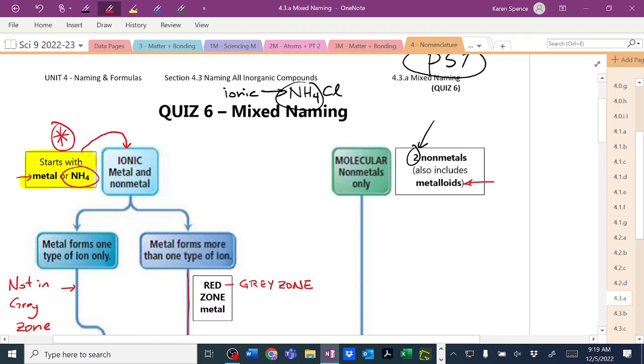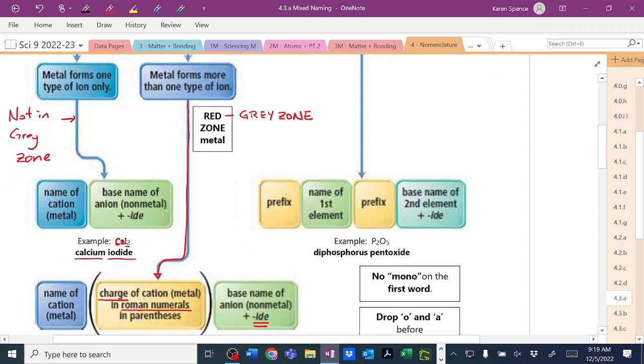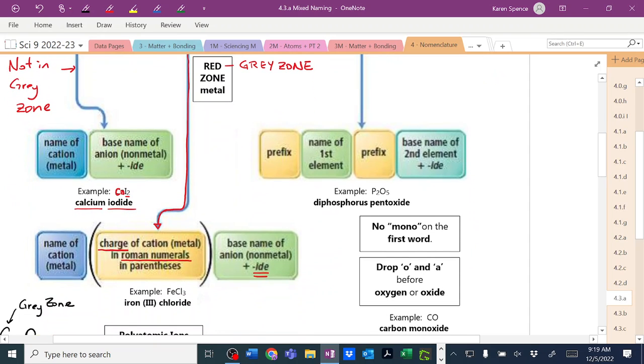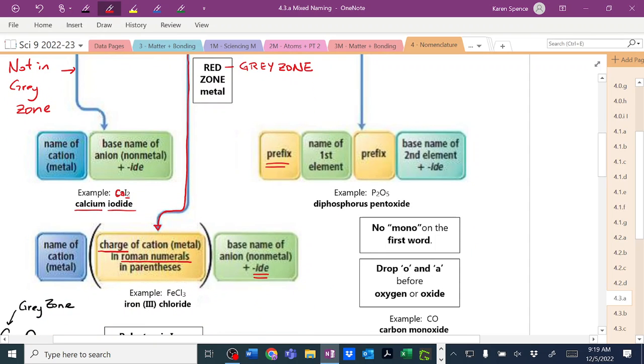So if you have a metalloid and a metalloid, that will also be molecular, which is also known as covalent. And for those, just use your prefixes. Prefix, name of the first element. Prefix, name of the second element, change the ending to "ide."